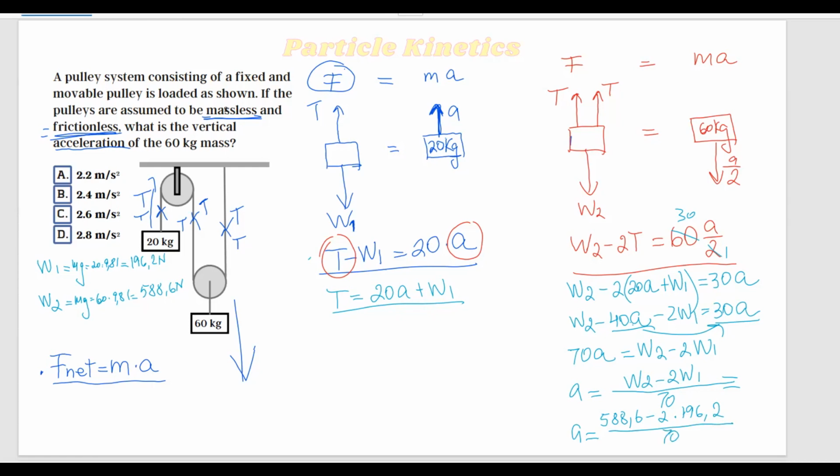And I get an acceleration of 2.81 meters per second squared. And now, if we were asked in the problem what is the tension in the string, we would just come back to this equation, substitute the acceleration, and find the tension in the string. We're not asked that, so we stop here. Acceleration is 2.81. The correct answer is D.